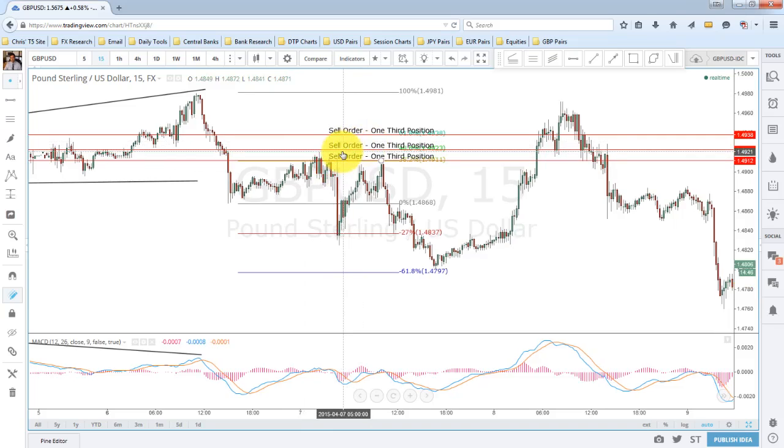Now, there are times when I will use this method, but I will use it more on the higher degree time frame patterns. I won't use it on the smaller degree time frame patterns. So you'll see me use this potentially on 4-hour setups, maybe daily setups, but I won't use it on the intraday or short-term time frames, such as the 15-minute or the 5-minute charts.